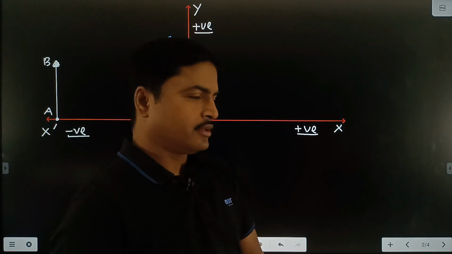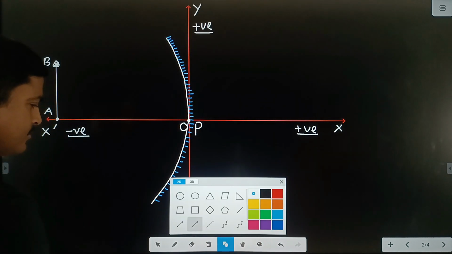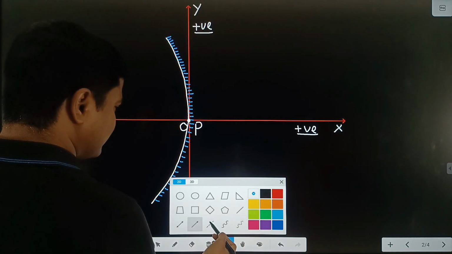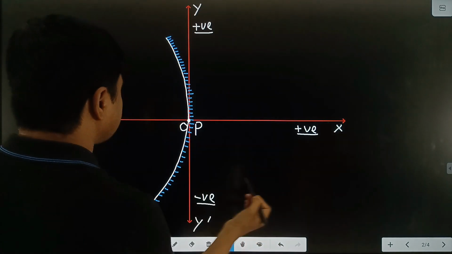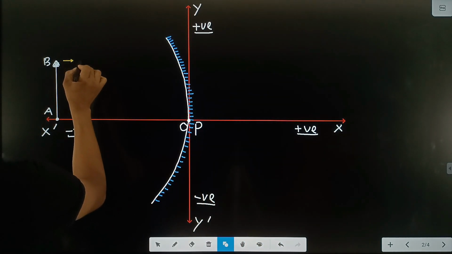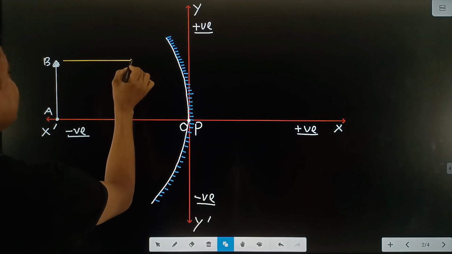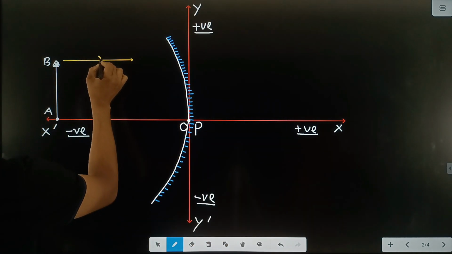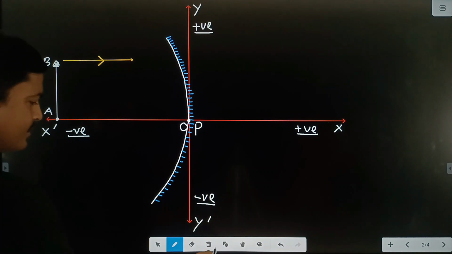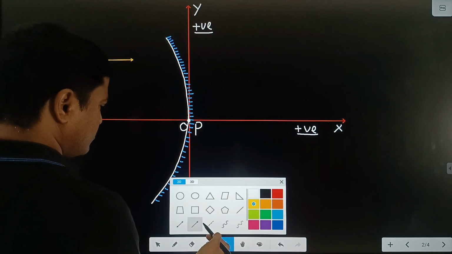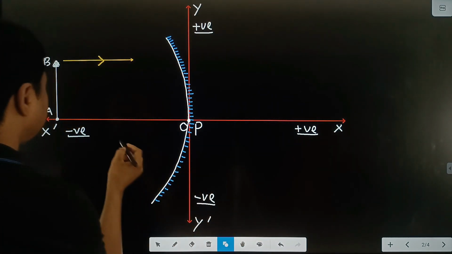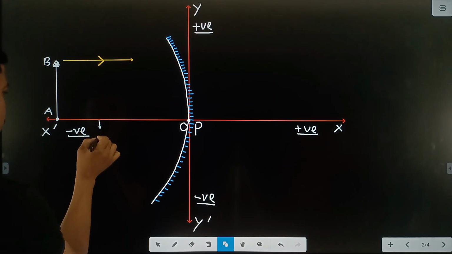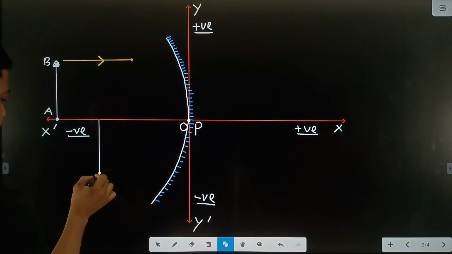Clear? Then we draw the image. For the image, first an incident ray is there. This is the incident ray, suppose, parallel to the principal axis, and this is the direction of the incident ray. And suppose the image is formed here.